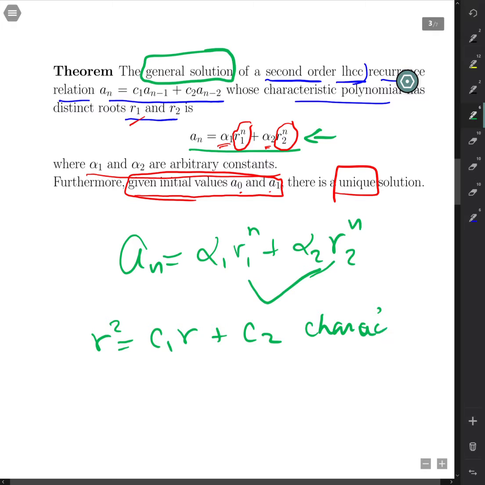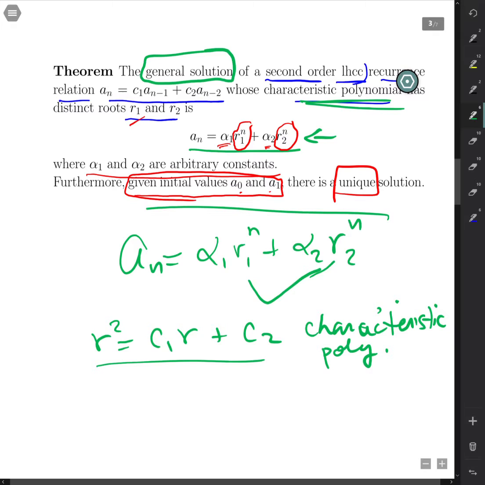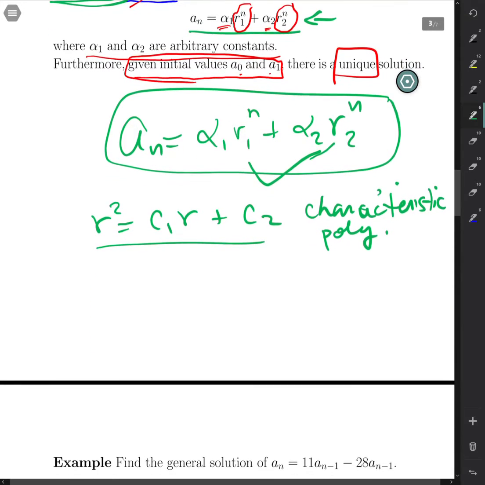So that's the general solution if we have distinct roots. Okay? This is when we have the distinct root, two different roots. Keep that in mind because we're going to solve one.